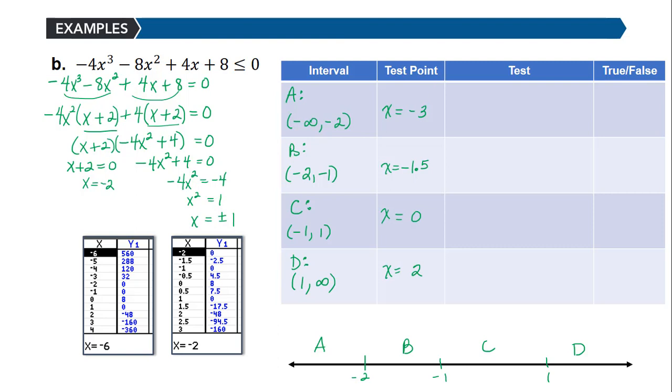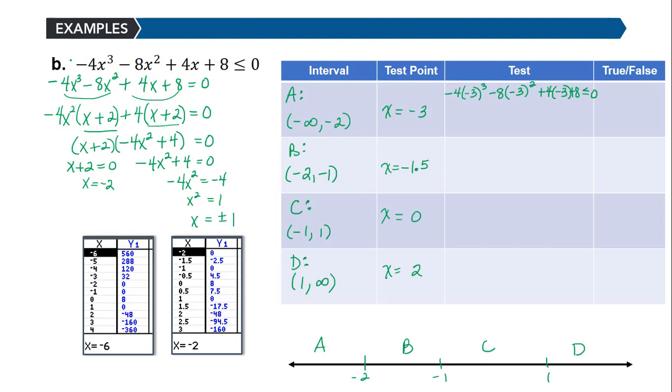So if we were to plug in the negative 3, we would have negative 4 times negative 3 cubed minus 8 times negative 3 squared plus 4 times negative 3 plus 8. And we want to see if that's less than or equal to 0.